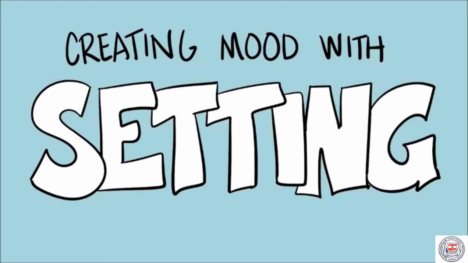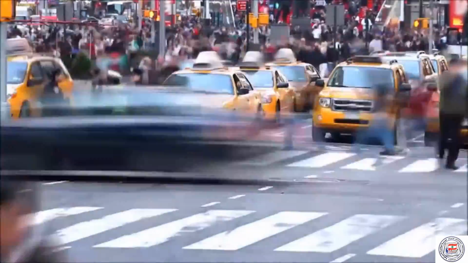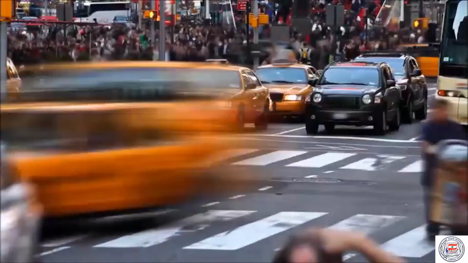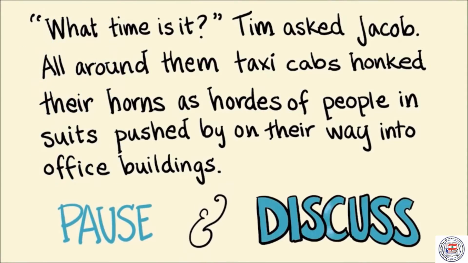The setting of a story also plays a big part in creating mood. Like in this scene. What time is it? Tim asked Jacob. All around them, taxi cabs honked their horns as hordes of people in suits pushed by on their way into office buildings. What is the setting? What mood does the setting create?